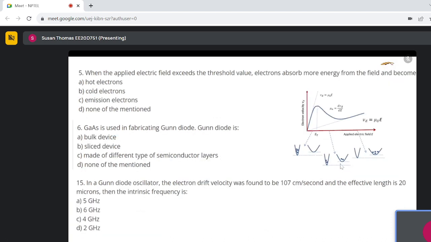Okay, now we have a question here. When the applied electric field exceeds the threshold, so that means E greater than E_th, the electrons absorb more energy from the field. So basically electrons are absorbing energy from this applied electric field. And they become hot electrons, cold electrons, emission electrons, or none of the above.